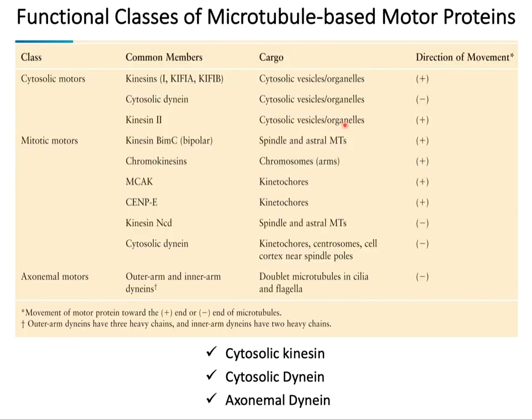Here is a table that takes home the point that this is a huge family of proteins. You have microtubule motor proteins that function in the cytosol. You have specific motors that function during mitosis. There are specific motors that function in the axoneme, which is a part of the flagellum or cilium. So we are going to look in general at the cytosolic kinesin, the cytosolic dyneins, and the axonemal dyneins.